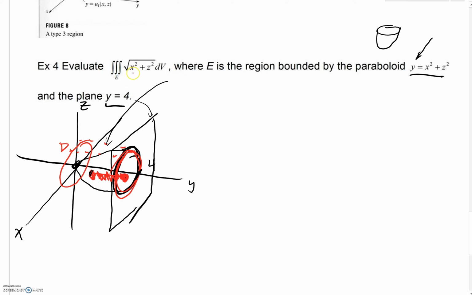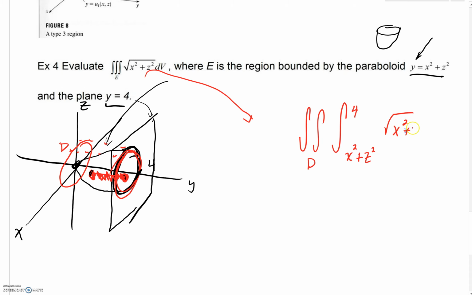So as we're working this integral out, we could say, well, look, I'm going to have a y boundary. The biggest it will ever be is 4, and the smallest we're going to have is x squared plus z squared. And, of course, in here we'll have x squared plus z squared for our integrand. Right now we could even work this thing out.